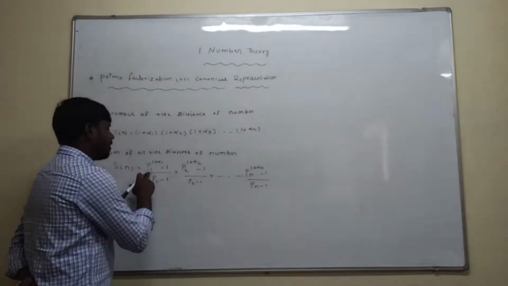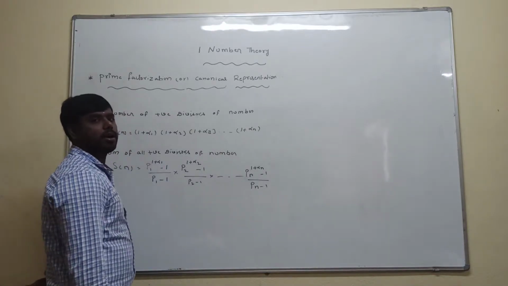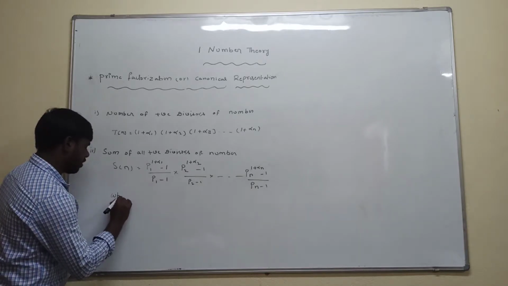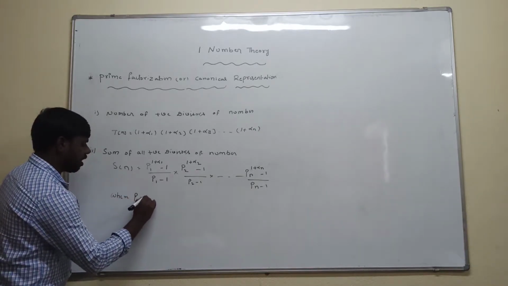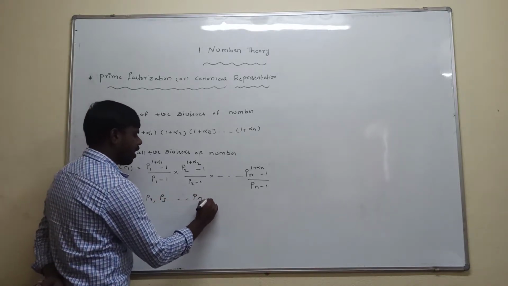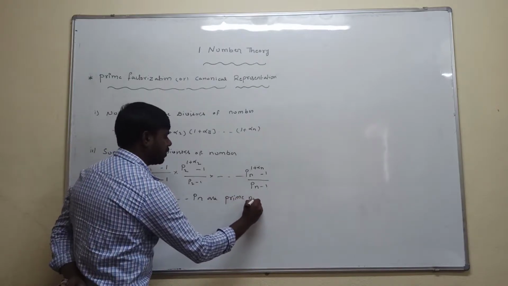Here P1, P2, and so on up to Pn are prime numbers.